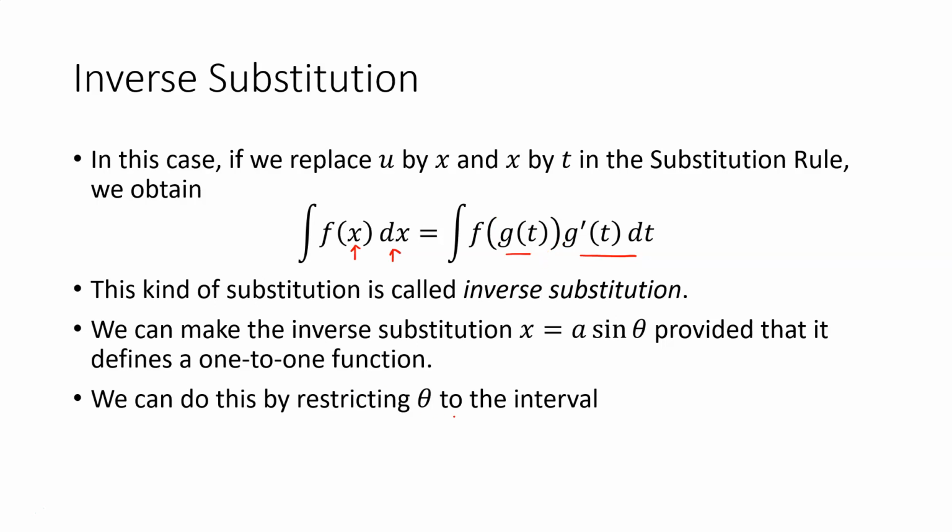For us, we're going to be careful about how we define the substitution. When we're replacing x with a function of theta, we want to make sure that it's defined on an interval where that function is 1-to-1. So in this case, we would have to make sure that theta is between negative pi over 2 and positive pi over 2, so that sine theta is 1-to-1.